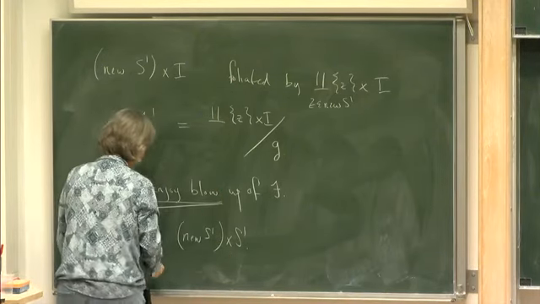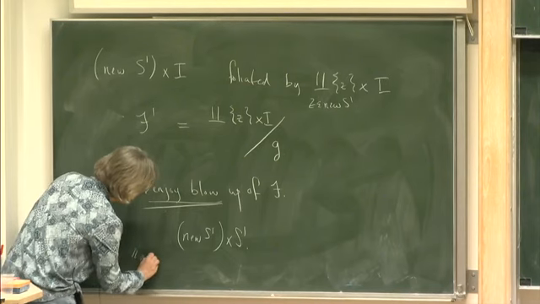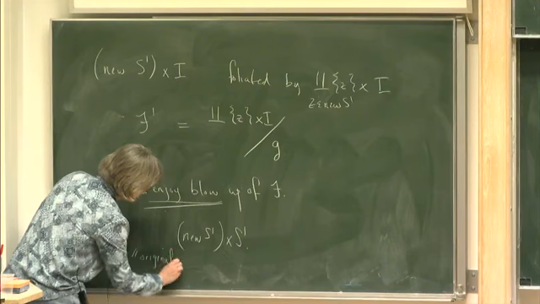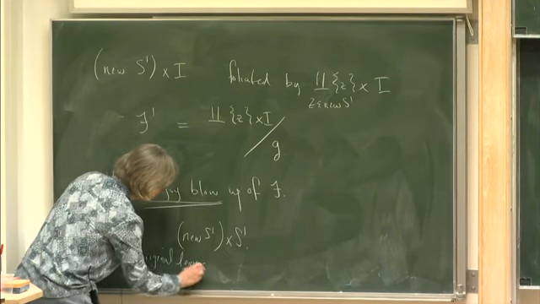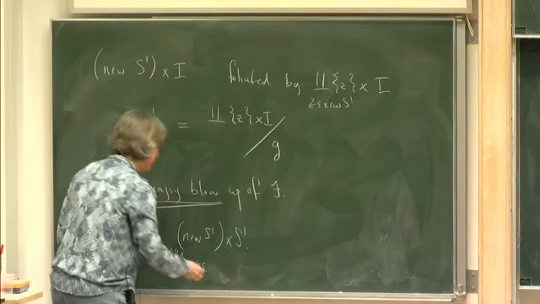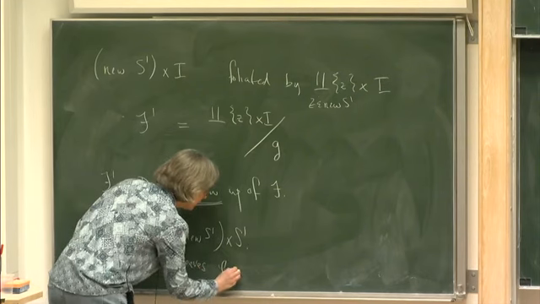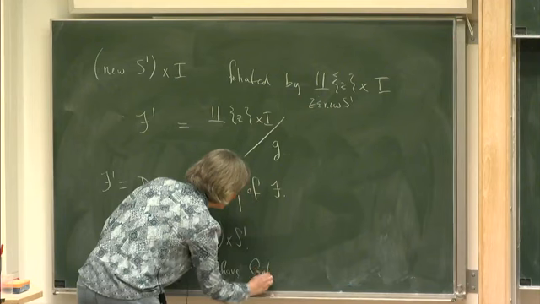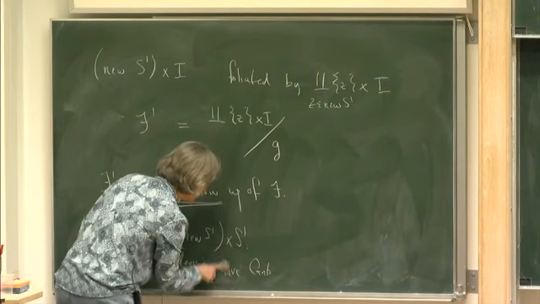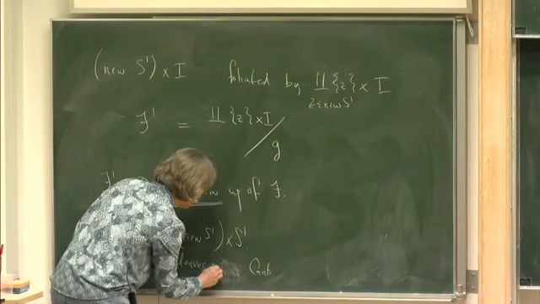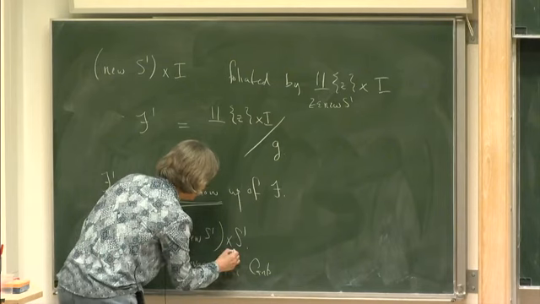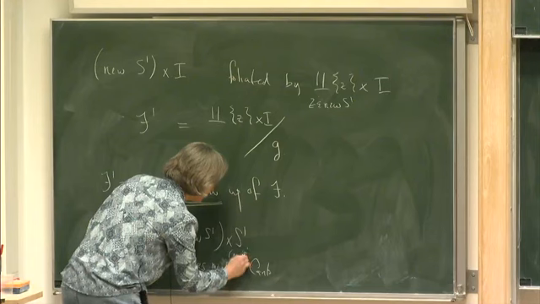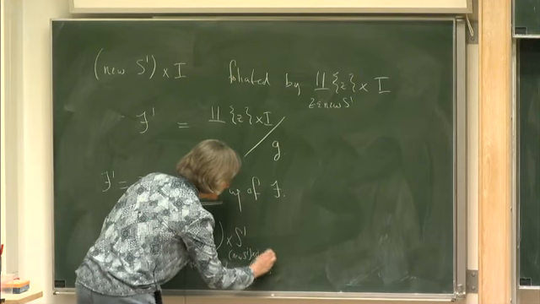So the original leaves meet transversals in a Cantor set. So they meet, let's say, the new S1 cross 0 in a Cantor set.